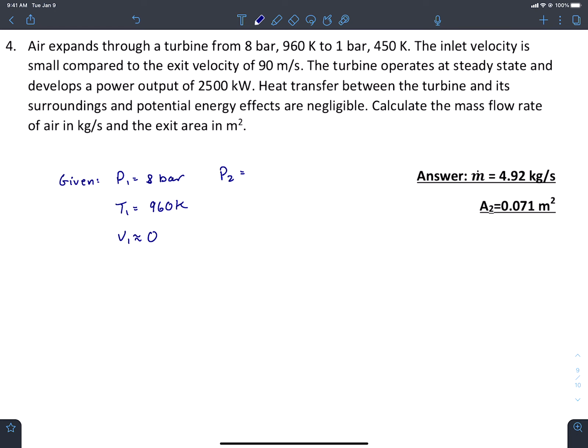So P2 is 1 bar, T2 is 450 Kelvin, and V2 equals 90 meters per second.